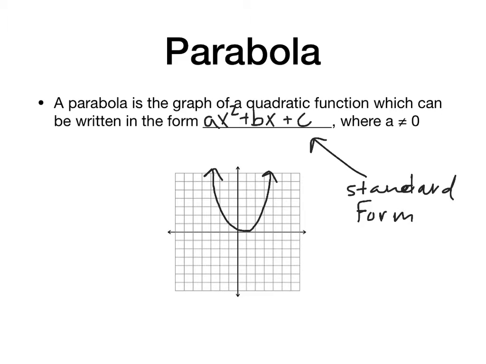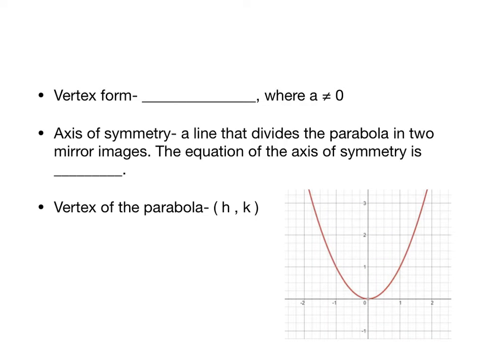So every equation that has an x squared, the graph of that equation is going to be a parabola. So x squared means it's a parabola. In 4.1, we're going to deal with the vertex form of the parabola, which looks like a times (x minus h) squared.